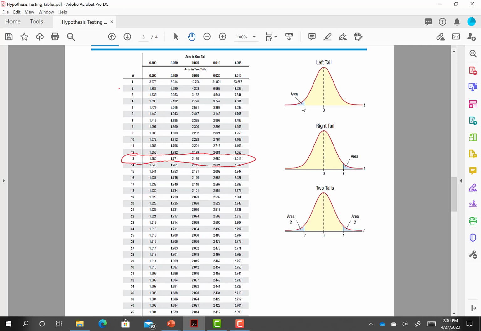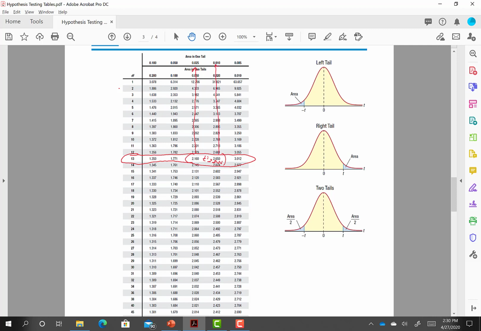So all we can do when we're doing this for p-values is we can only find, okay, it's somewhere between 2.160 and 2.650 is our t-value. So 2.244 is somewhere in between those two values. So that means all we can do is follow those two values up, and we were doing a one-tailed test.